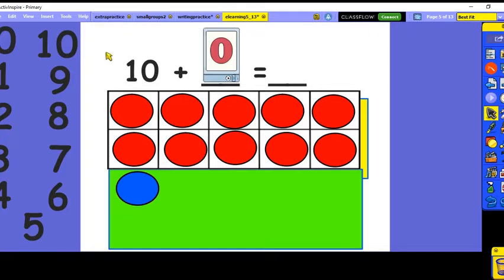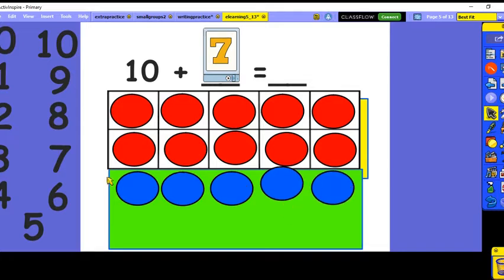All right, let's do 10 and some more. 10 plus 7. 10 and 7 more. So 10, 11, 12, 13, 14, 15, 16, 17.